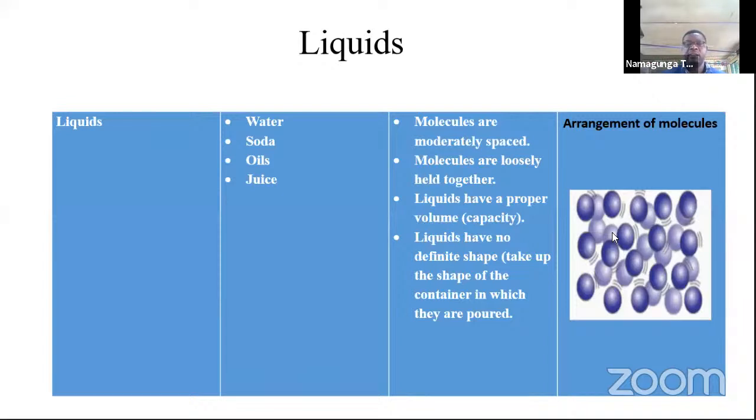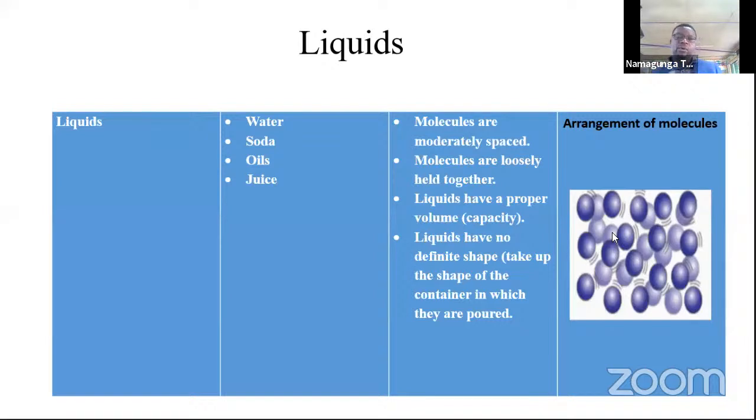But maybe what I have not talked about is that the reason why liquids are able to flow is because they have weak cohesion forces. They are loose and the cohesion forces are weak. That's why they are able to flow. Are we together? They have weak cohesion forces and then they are able to flow.